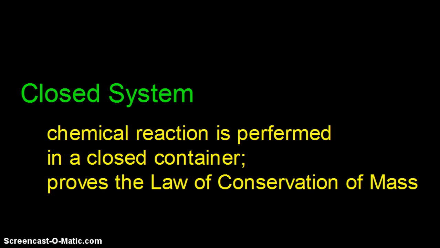Because even a gas will still be contained in the container in this case, and in an open system it won't. So closed systems are really important when proving the law of conservation of mass, whereas open systems are used more just to show a reaction or an example of a reaction, maybe showing what an exo or endothermic reaction looks like. The closed system is what you would use if you're measuring mass.